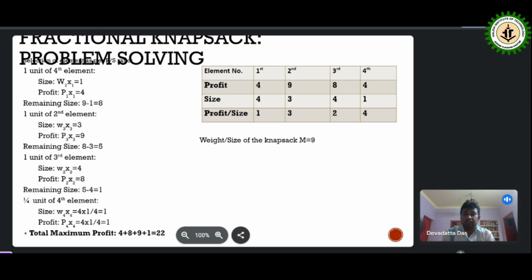The formula of the size will be w1x1, the profit will be p1x1, and in a similar way I'm just finding the whole profit and size from the whole table, and then at last I'm finding the maximum profit by addition of the maximum profit value or the maximum weight value. Then ultimately we can find the maximum value by addition of all the elements of profit and size.